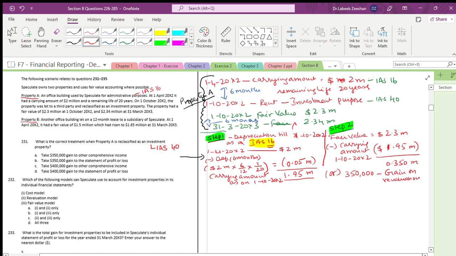Is it okay? Yes, it's okay. How much is the gain? What they have said: take the 350,000 gain to our OCI. We will never take it to the statement of profit and loss account. This will never happen anytime.